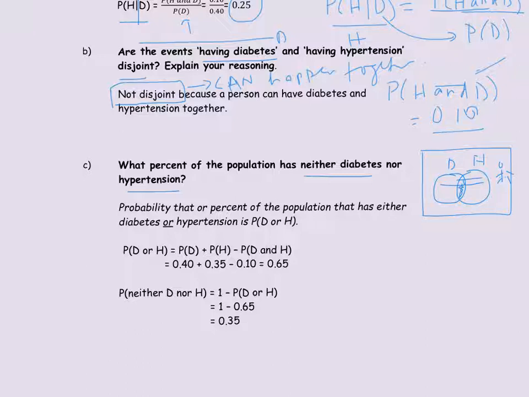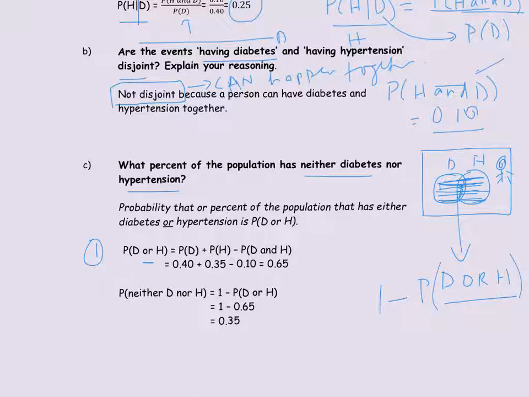So we need to find the probability of either, so this whole shaded area including the overlap, is diabetes or hypertension, which means we have to find the probability of a person from the clinical population having diabetes or hypertension and then subtracting that from 1 to get the probability of someone not having any one of these two problems. So our first task is to figure out probability of D or H.